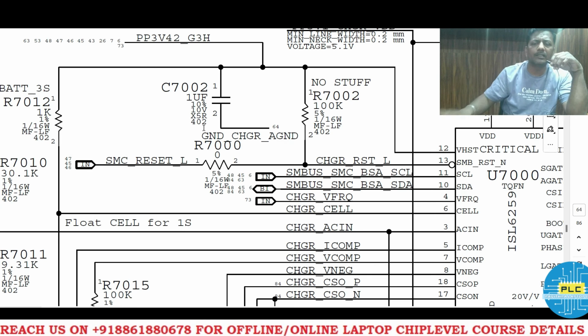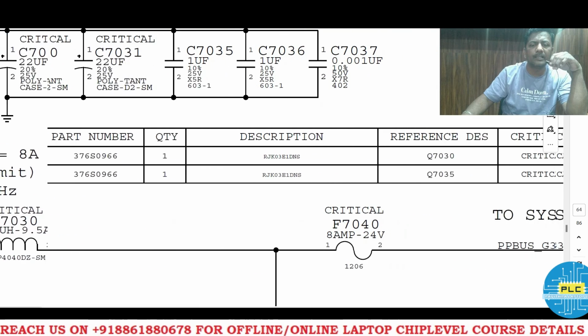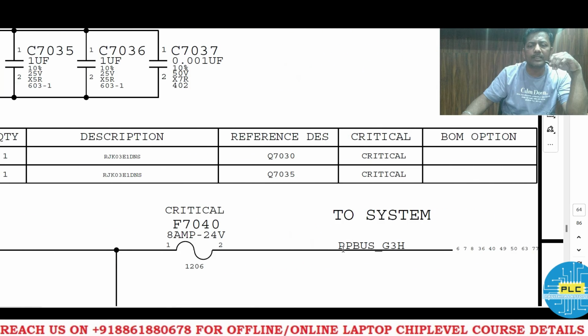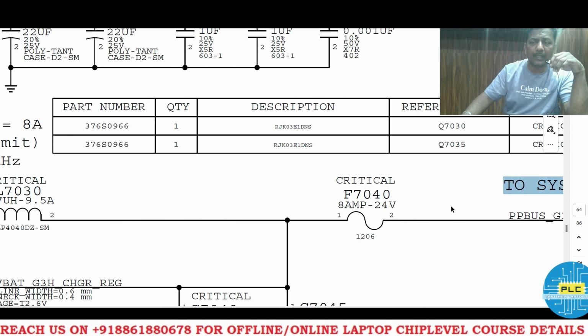So this is most important. According to this only, what voltage should come at the output is decided. To the system, see, PP bus underscore G3H is the output through the fuse to the system. Got my point? So I will repeat.